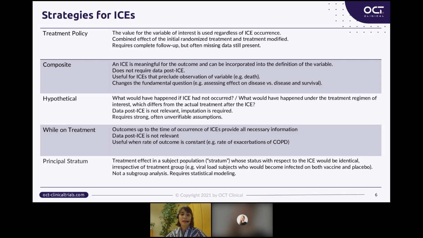It is important to distinguish between principal stratum and analysis in subgroups defined by actual occurrence of intercurrent event on the assigned treatment. The latter is prone to confounding because different subjects might experience intercurrent event on the test and on the control treatment.